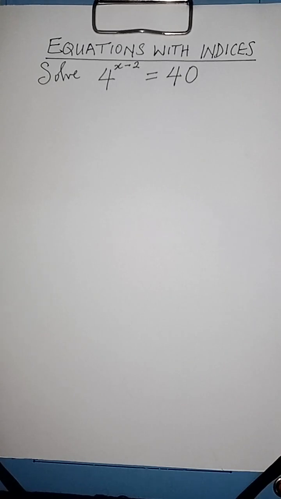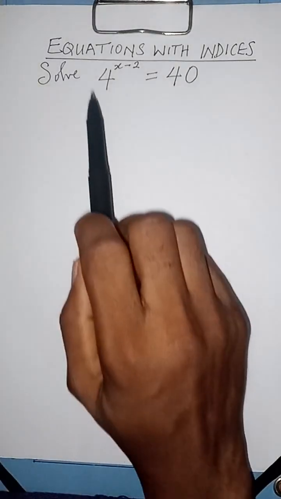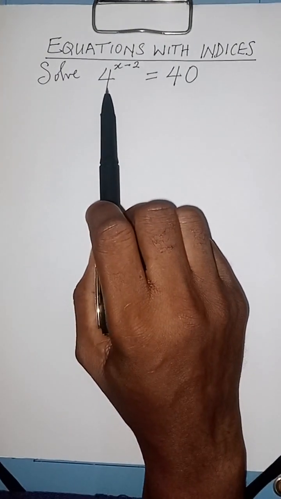Now let's get straight into business. When it comes to solving equations with indices, it is quite easy if the base can be expressed to the same base. In this case, the base here is 4.